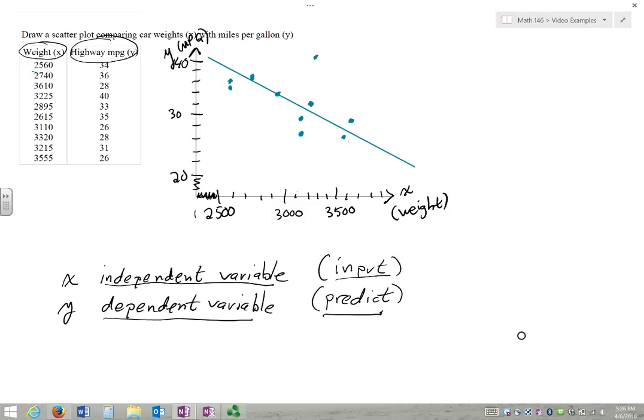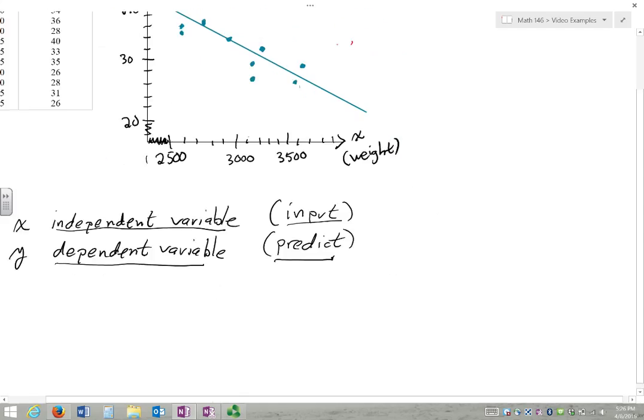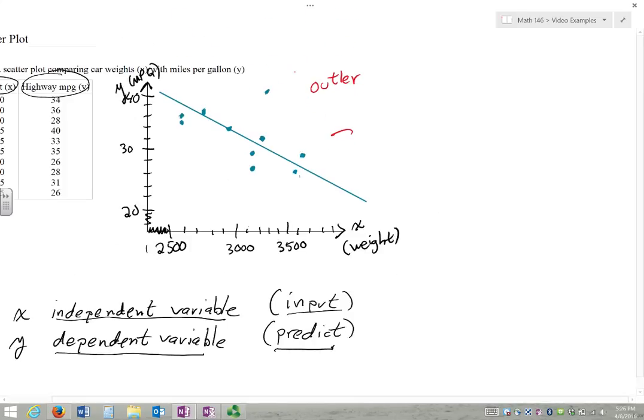Just because the graph is going downward doesn't mean there's not a relationship. There does appear to be a somewhat linear relationship. We do have an outlier over here. But all the others seem to fall roughly along that line.